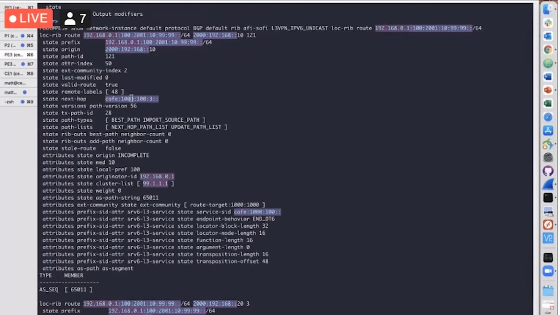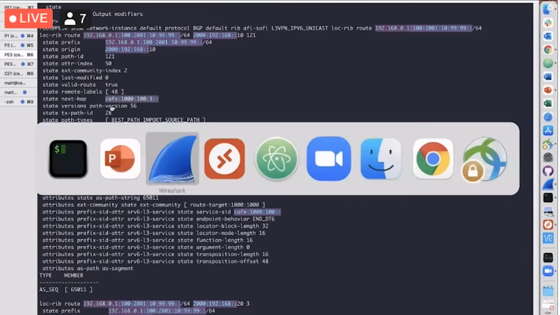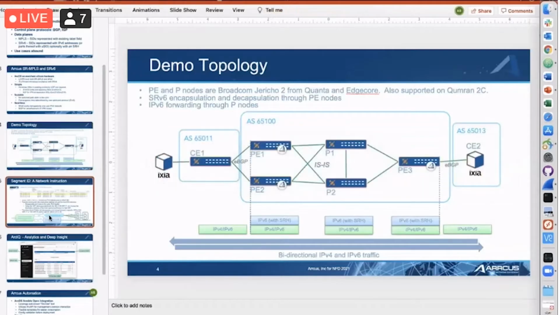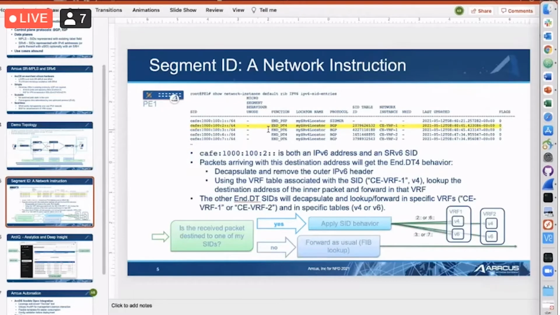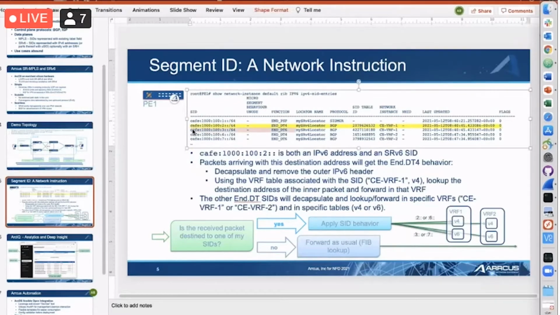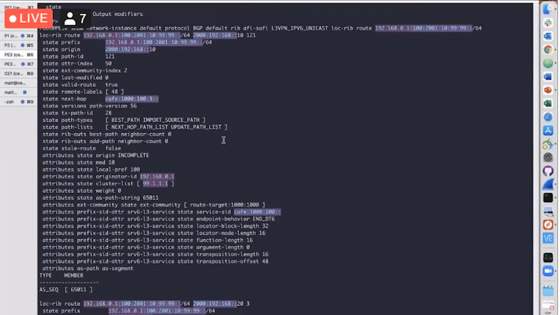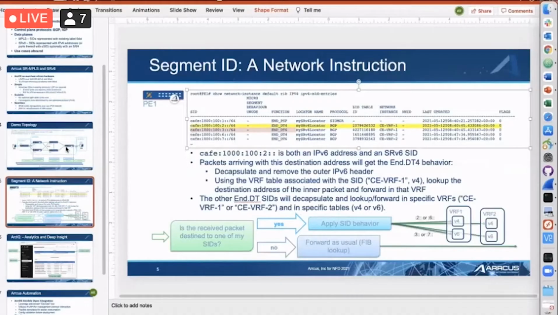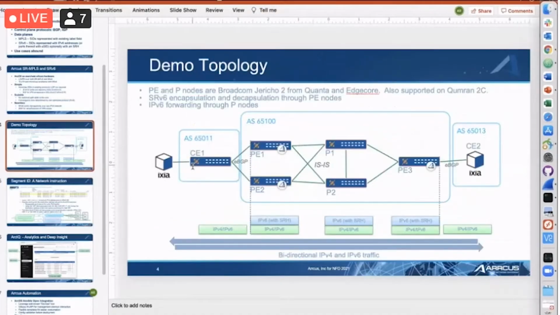In this case, if you recall, 1100::3 or :3 is the DT6 SID on PE1. So now PE3 knows how to send a packet over the VPN to get to PE1 and to get into the specific VRF and the specific v6 table in that VRF to reach this prefix on CE1.